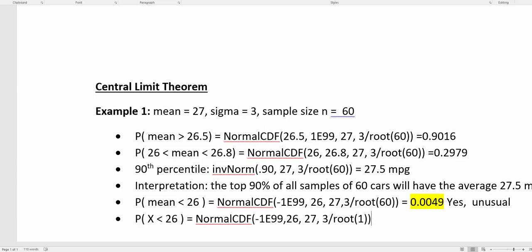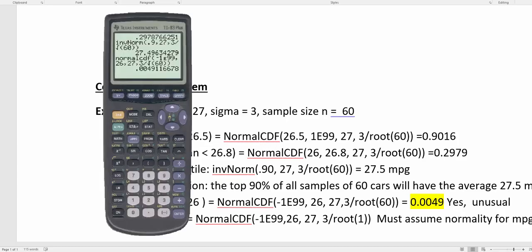We must assume normality for MPG, not the average. We know the average is normally distributed, but what about the MPG itself? That's the assumption we need to have.